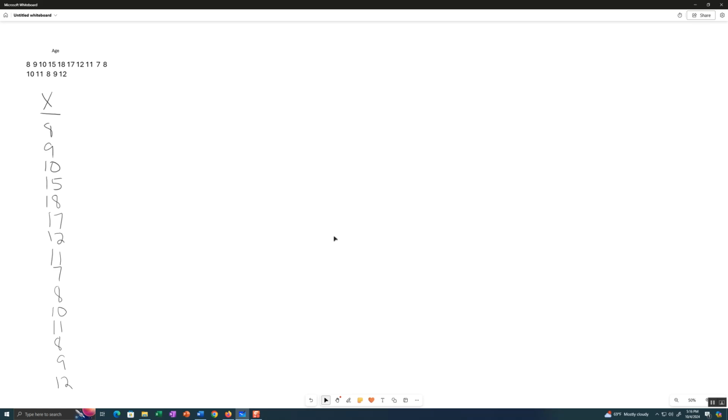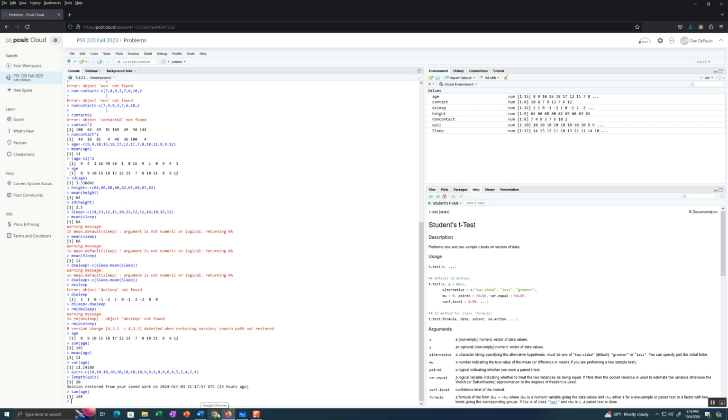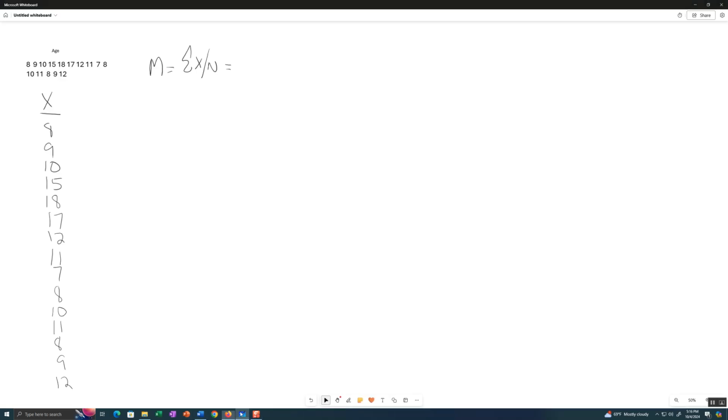Okay, so now in order to find the mean, the mean is equal to the sum of x divided by n. To find the sum of x, I will cheat and use R. So it's 165.